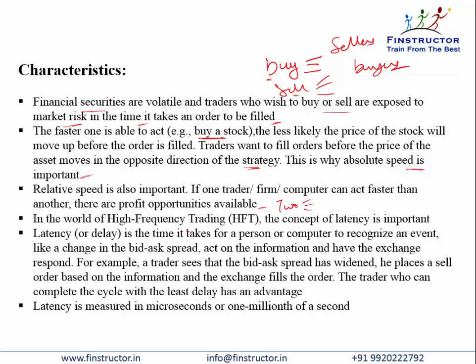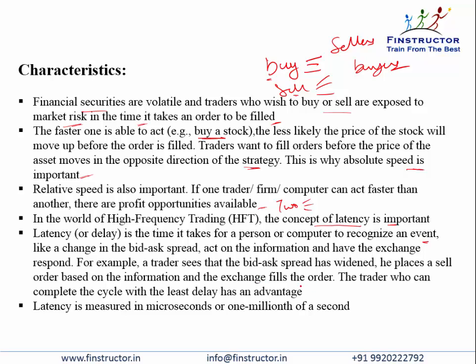So in the world of HFT, the concept of latency is very important. That is the time it takes to execute the order. Latency, or delay, is the time it takes for a person or a computer to recognize an event like a change in the bid-ask spread or any other information, act on the information, and have the exchange respond. If the trader sees, for example, that a bid-ask spread has widened, he'll place a sell order based on the information.